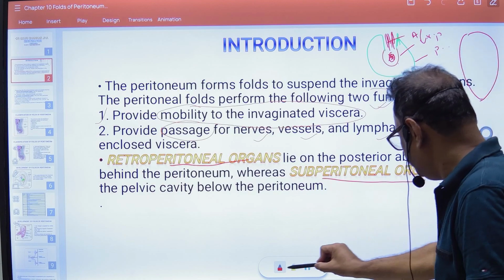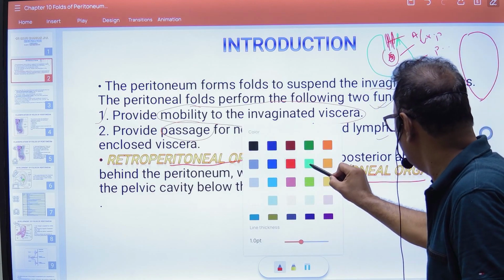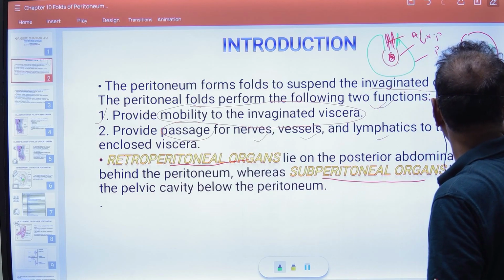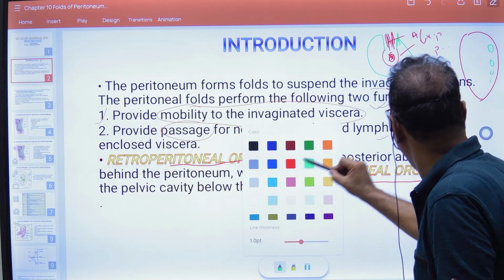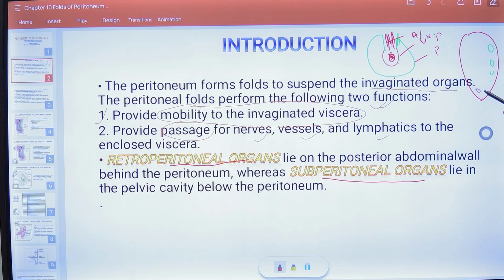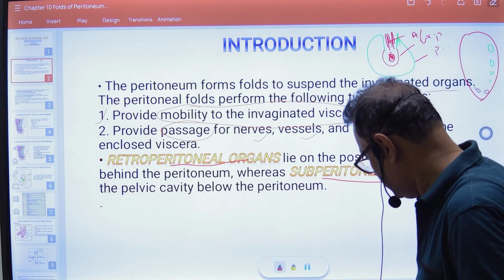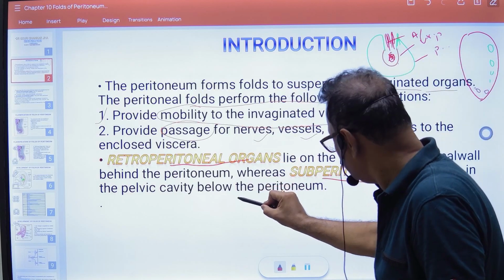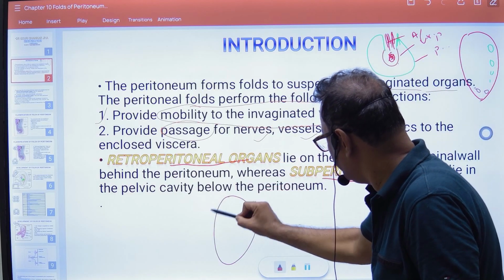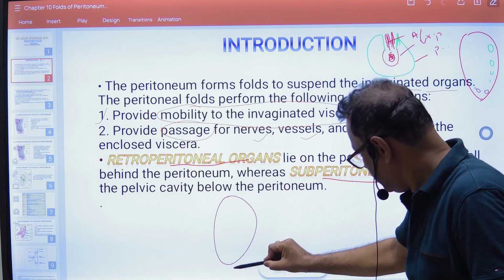So we have got an organ over here, and we have got an organ over here. Take a diagram over here.